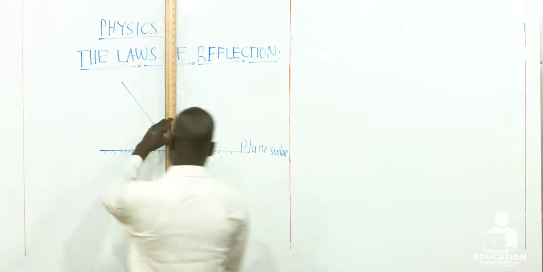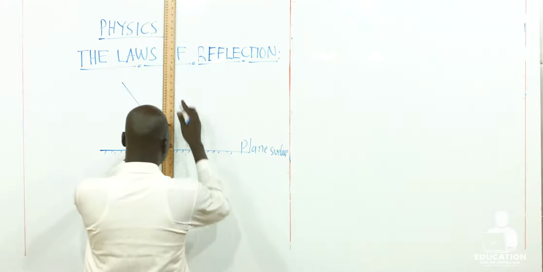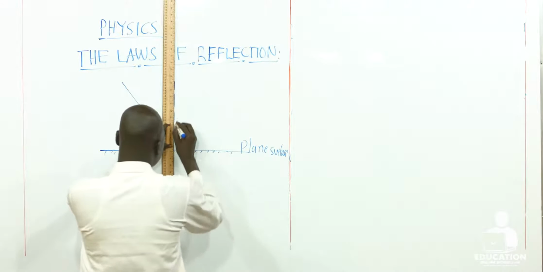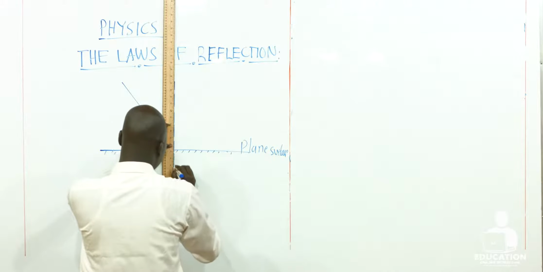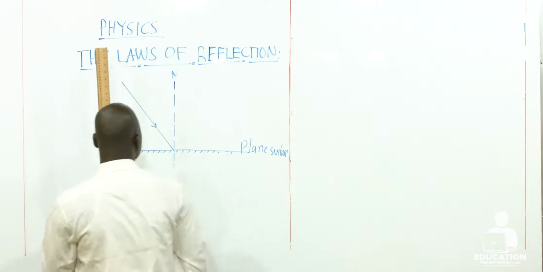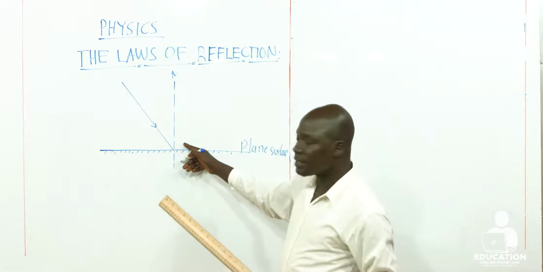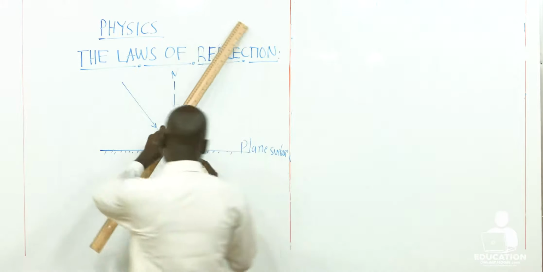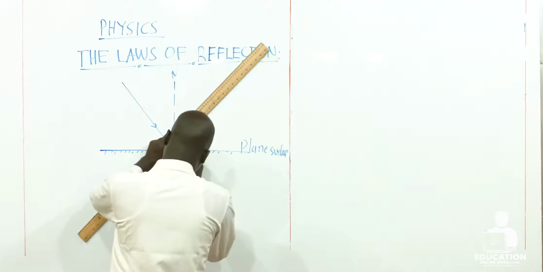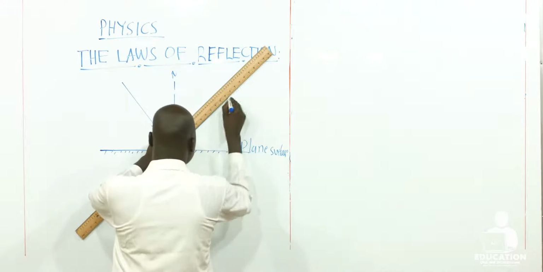And if we have a line which is perpendicular to the reflecting surface, which is called the normal, N. So this ray is going to be reflected from the surface in another direction.